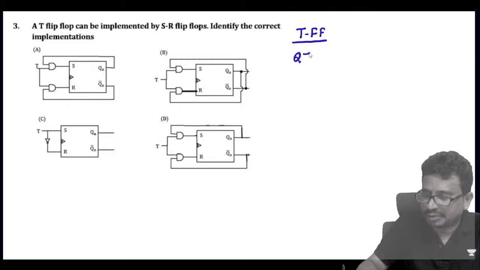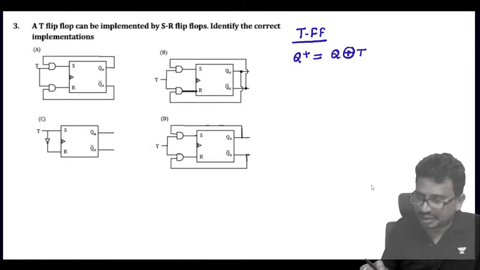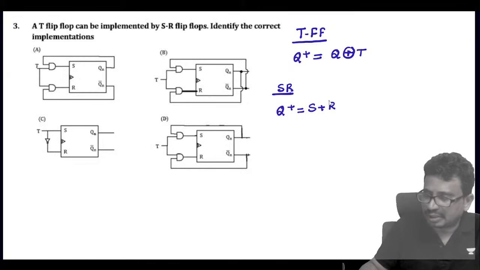That is Q plus, which is equal to Q XOR T. Now we need to get this form here using the SR flip-flop. The characteristic equation of the SR flip-flop is S plus R bar into Q.